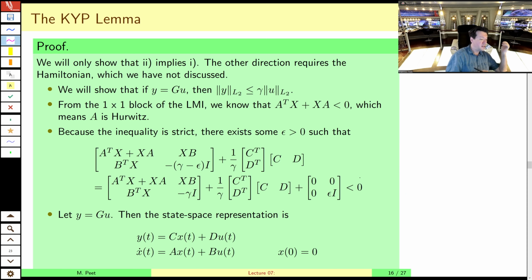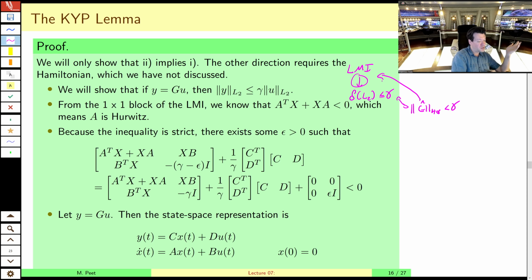Basically, we're going to take the LMI and show that it implies that the induced norm from L2 to L2 is less than or equal to gamma, which is, as we've shown, equivalent to the H infinity norm of the transfer function being less than gamma. So we're only going to do this direction. The converse is more complicated, so we're not going to do it.